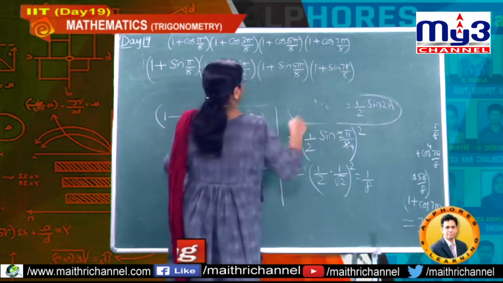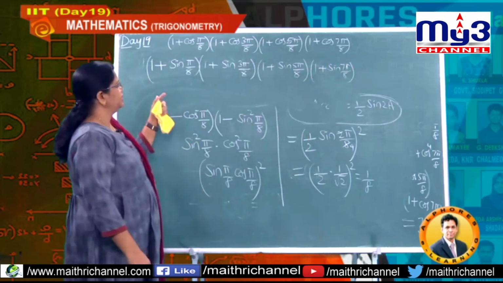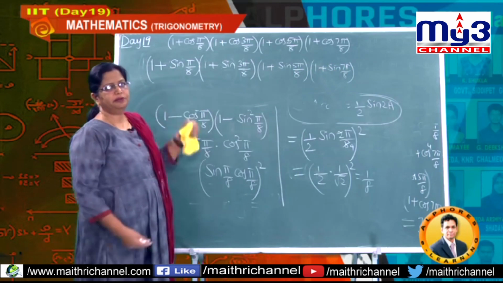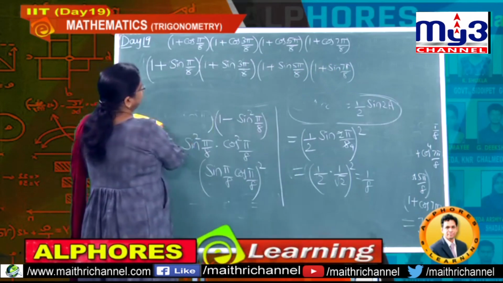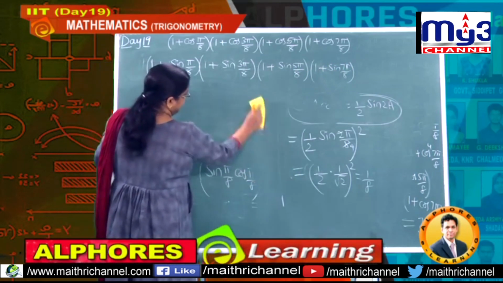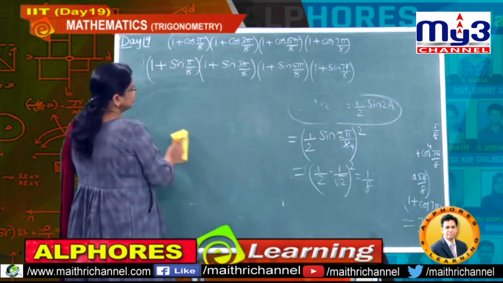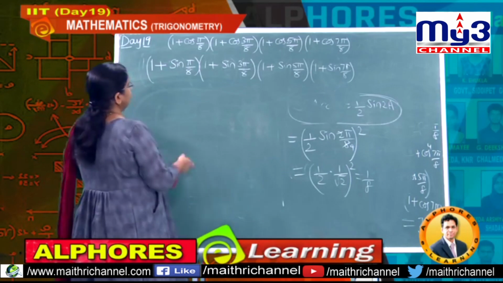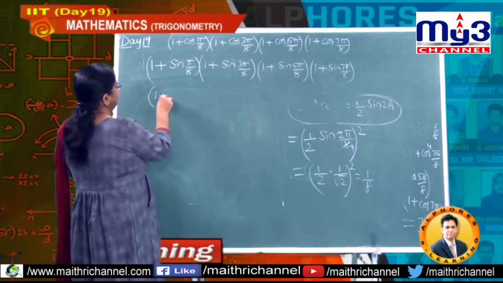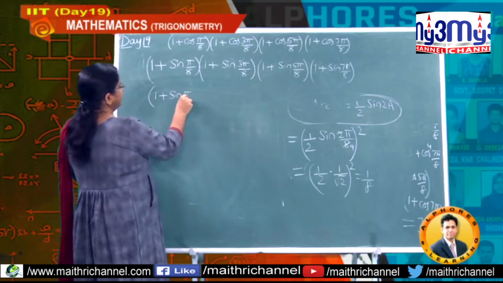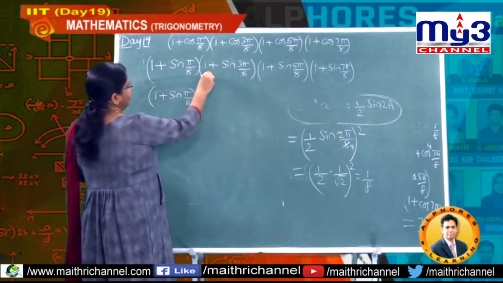Okay. Now students, what is the value here? The first value we don't want to change. Now the second value we want to change, and what is 3 pi by 8? You have pi by 2 minus pi by 8, and thereby this is actually 1 plus sin pi by 8. What about this value here, students?